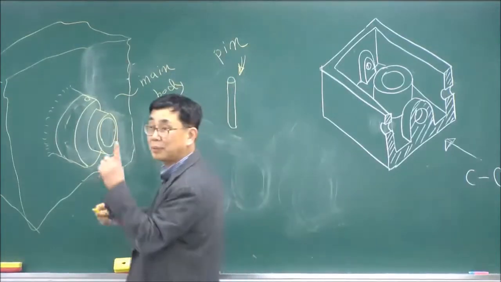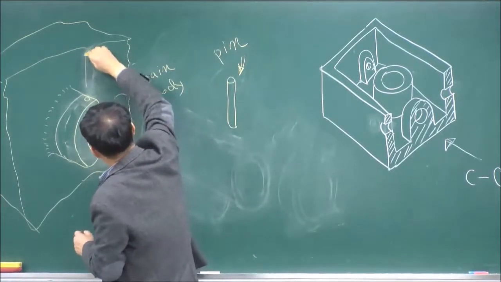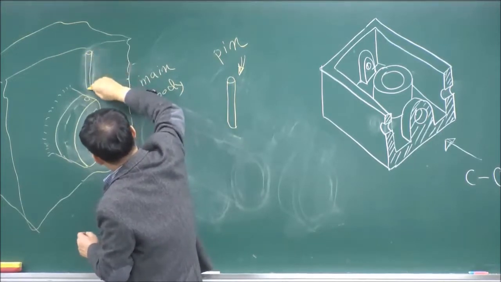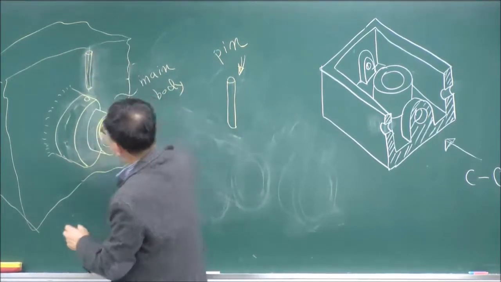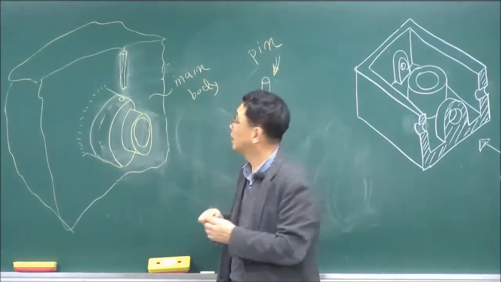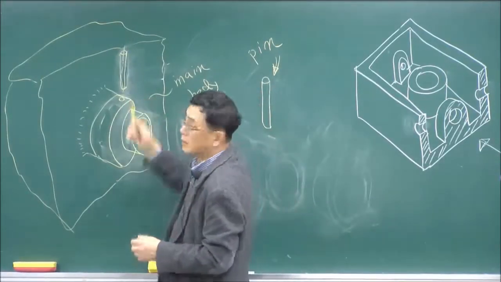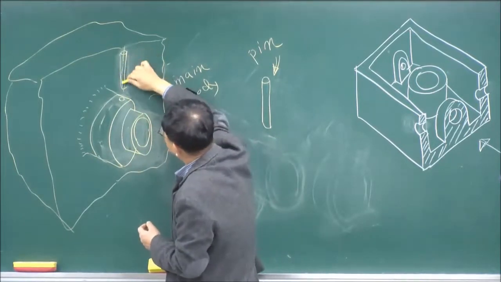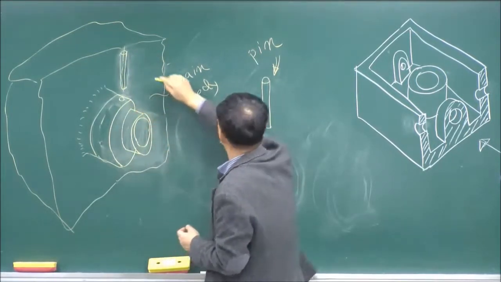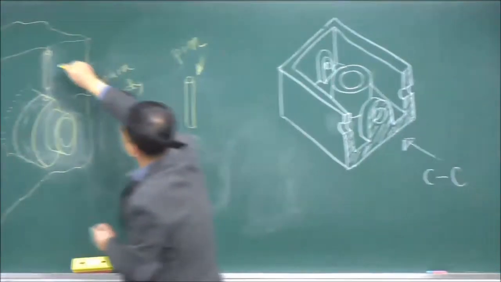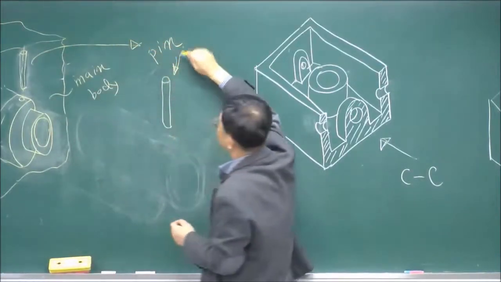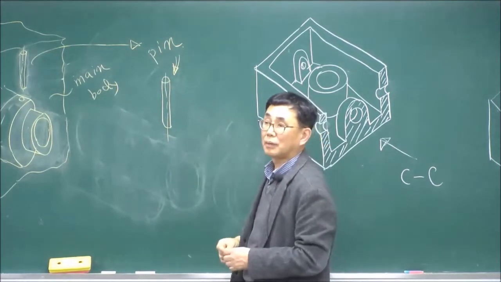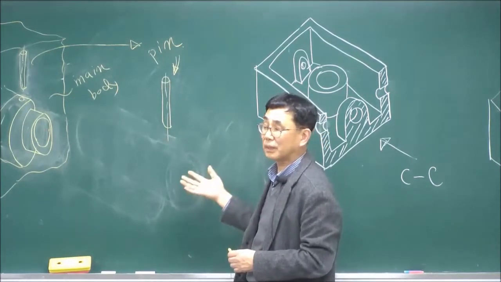Then now one piece is the pin. A pin is something like a small metal piece, which looks like a cylinder. Okay, a small cylinder. Now we call this a pin. Okay, pin. Now, what are you going to do with this pin?